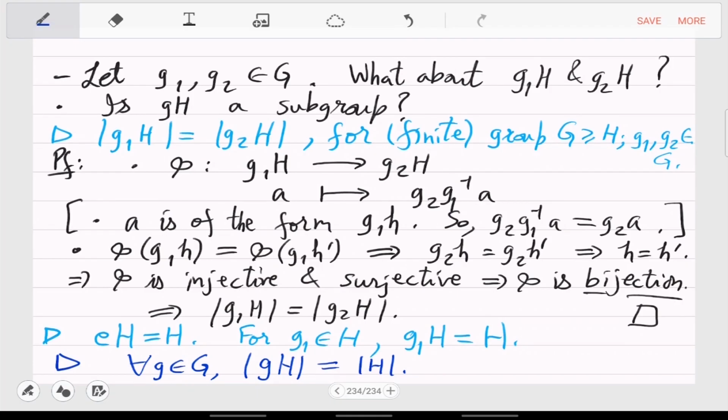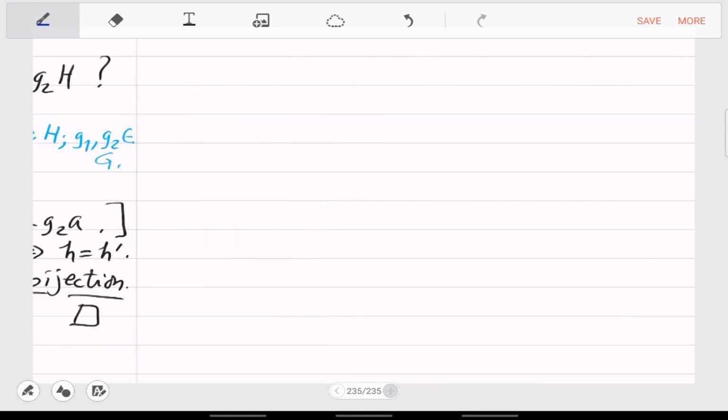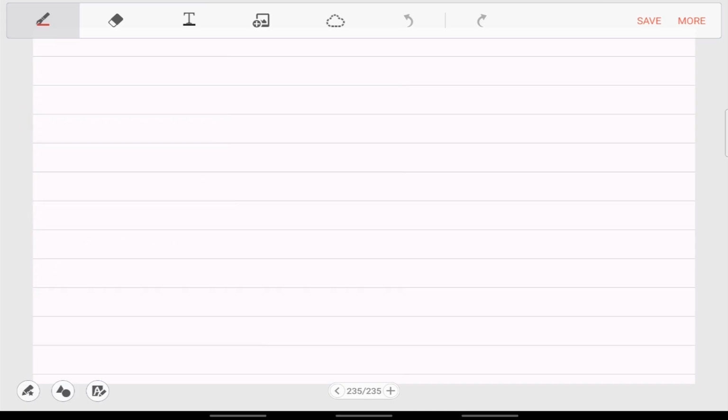So all these GH subsets are under bijection. Any questions? So now with this ready, what I can define is the collection of these things. I can define it G/H.